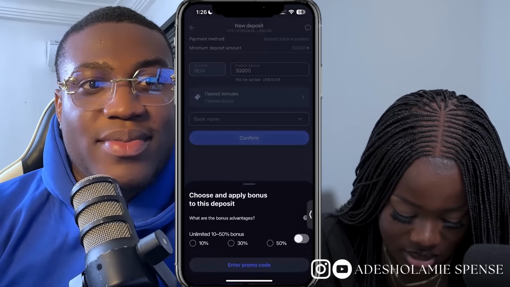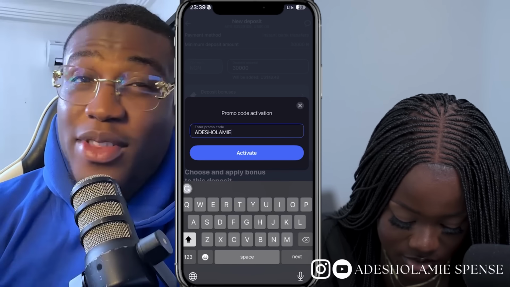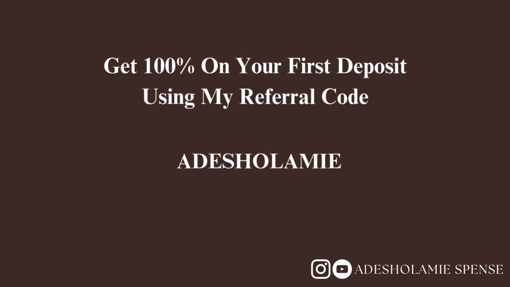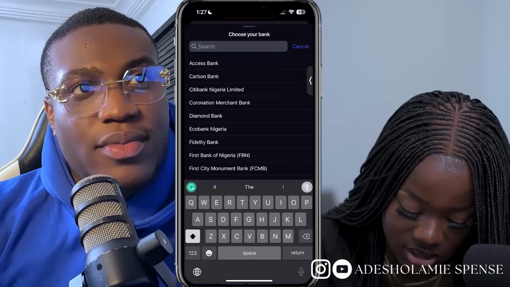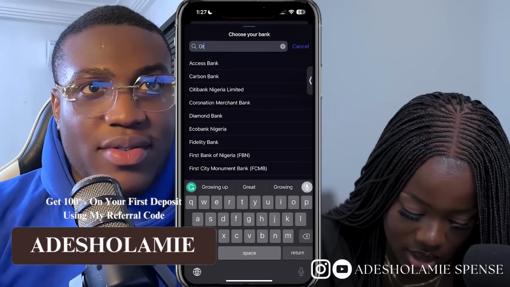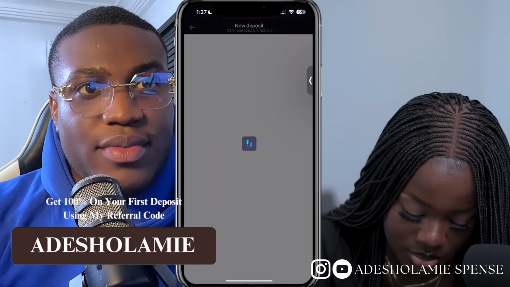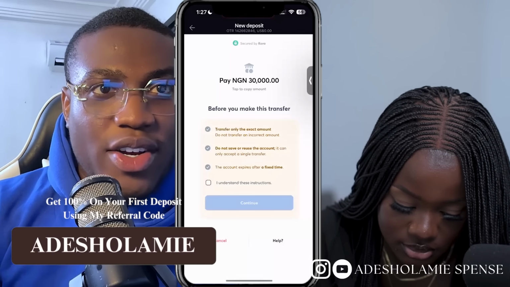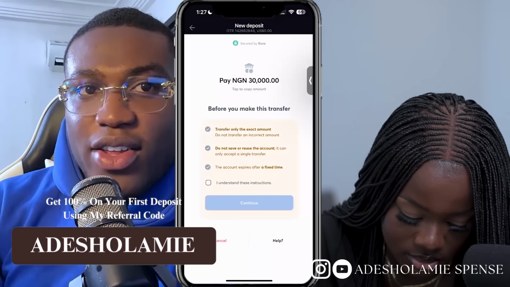Deposit bonus. So this is where people can enter your promo code for anyone that wants to make a live deposit. This is like an instant deposit. Yes. Click on confirm. Read the instructions, because you're not supposed to transfer to the account number again. You can't reuse it.